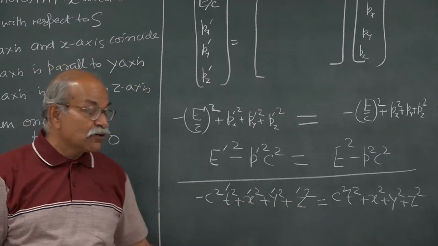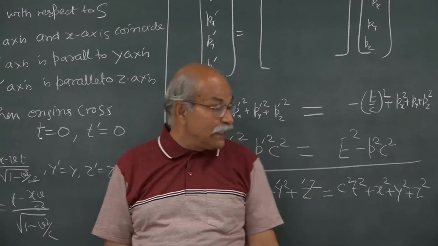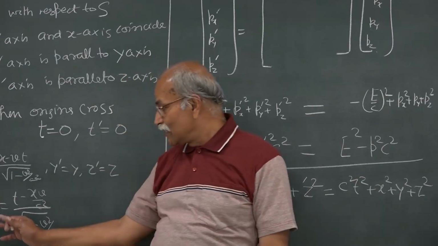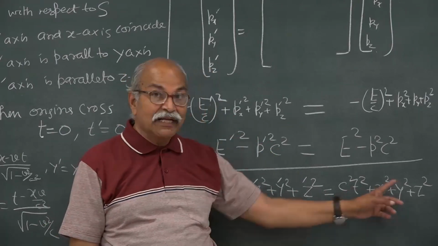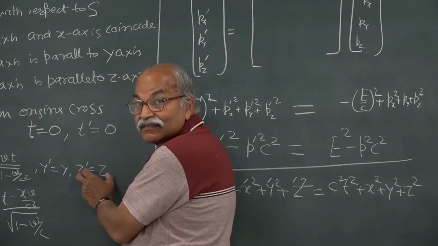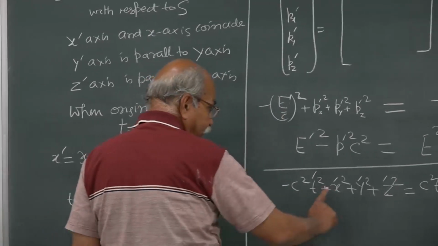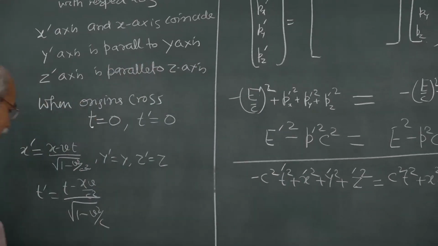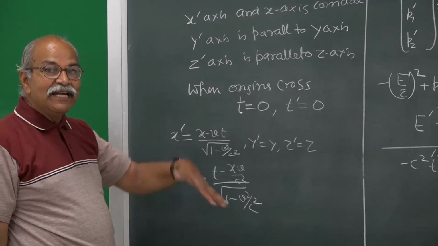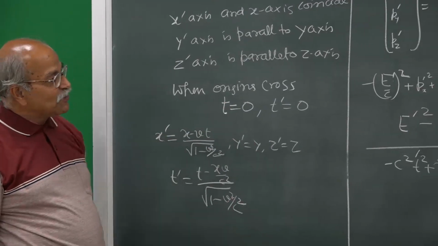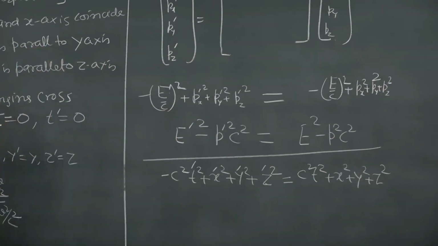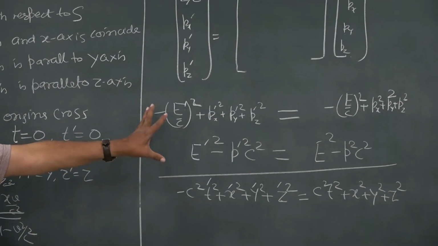Although x prime, t prime, y prime and z prime cannot be so simply obtained from this equation, this equation will still remain the same. Those are the properties of 4 vectors which we can employ to get relations even if our frames are different.